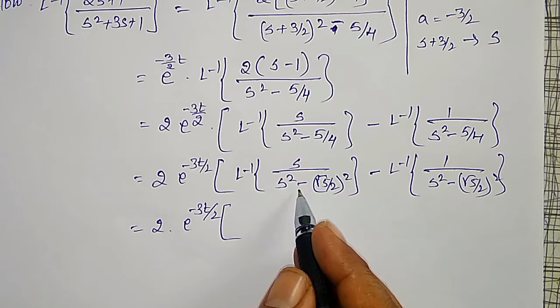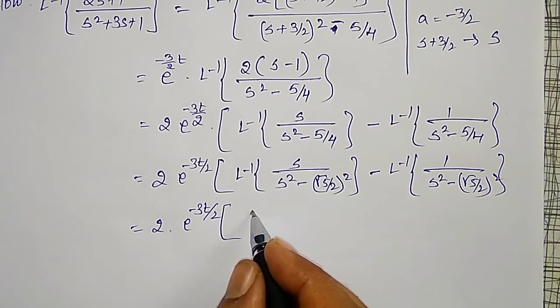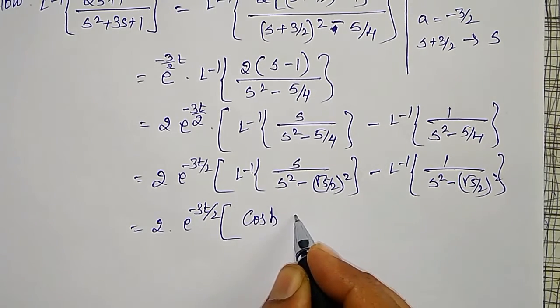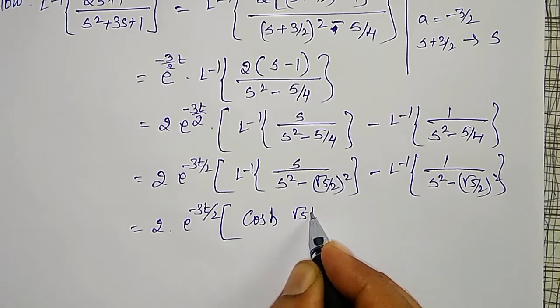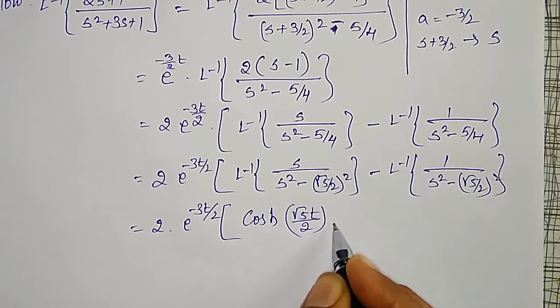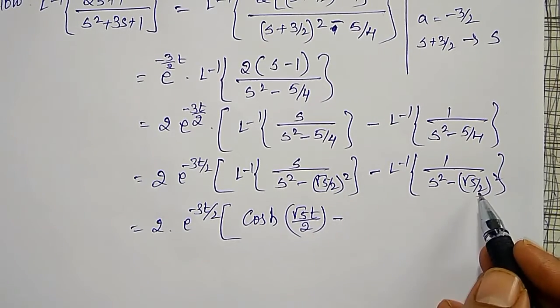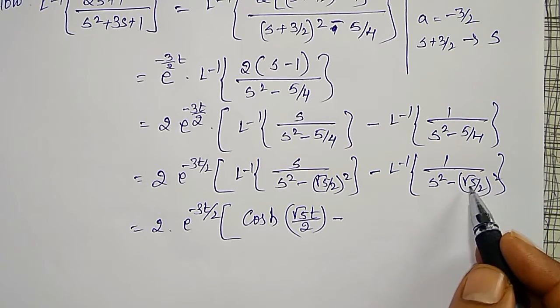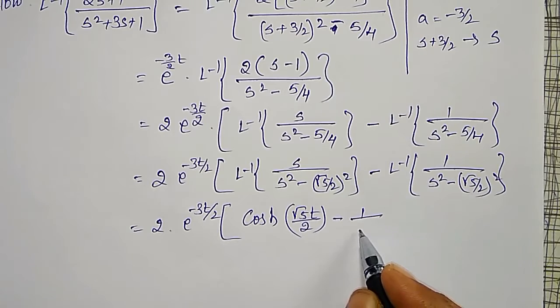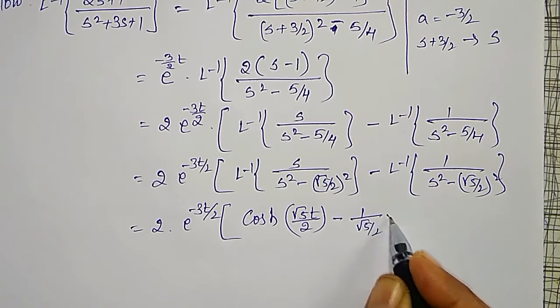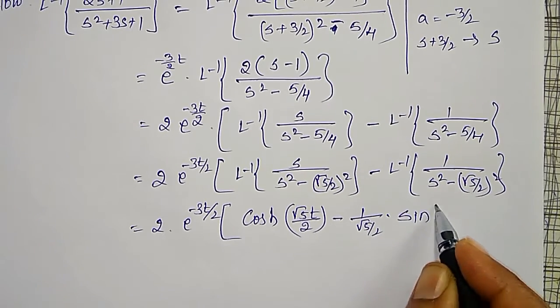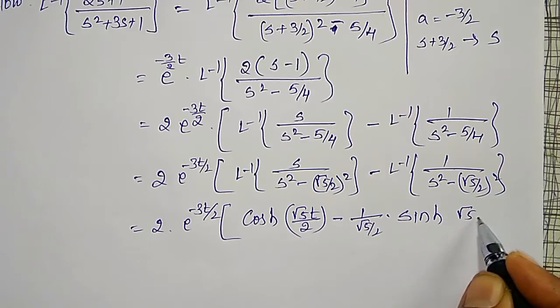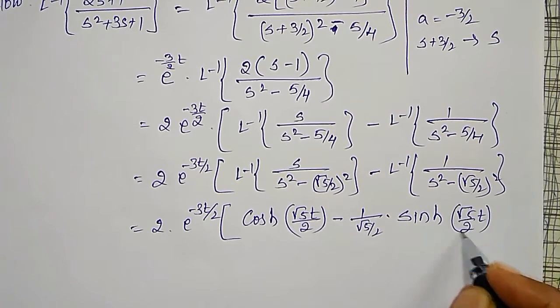That's why it will be hyperbolic. Here s is there, therefore it is cos hyperbolic root 5t divided by 2, minus, and here 1 divided by is there, therefore it is sine hyperbolic, and this will be multiplied by 1 divided by (root 5 divided by 2) into sine hyperbolic root 5 divided by 2 t.